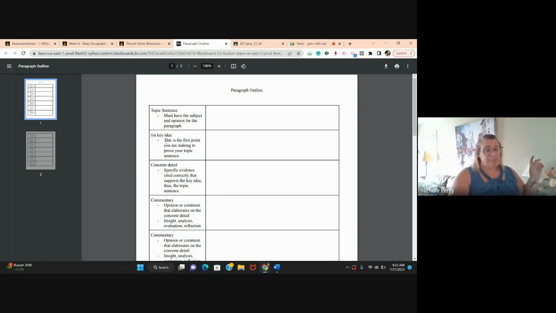Your first key idea. So let's say that your overall topic is what it is that you're wanting from college. Your topic sentence is your overall, basically what this entire paragraph is about. Your first key idea is your first key point.